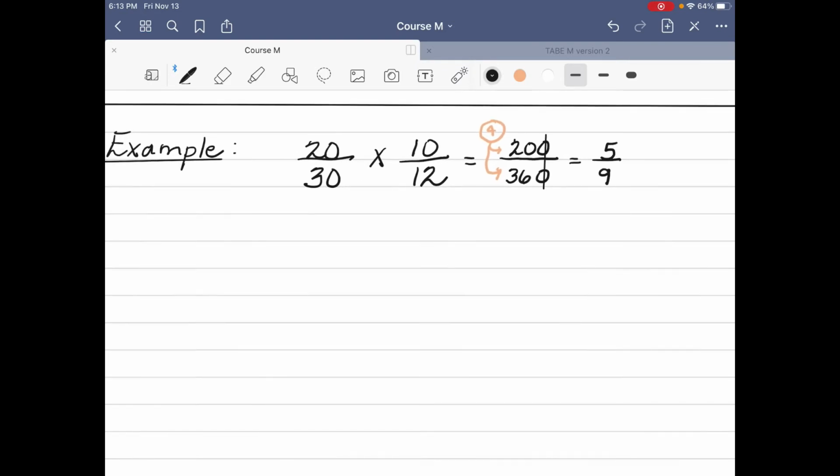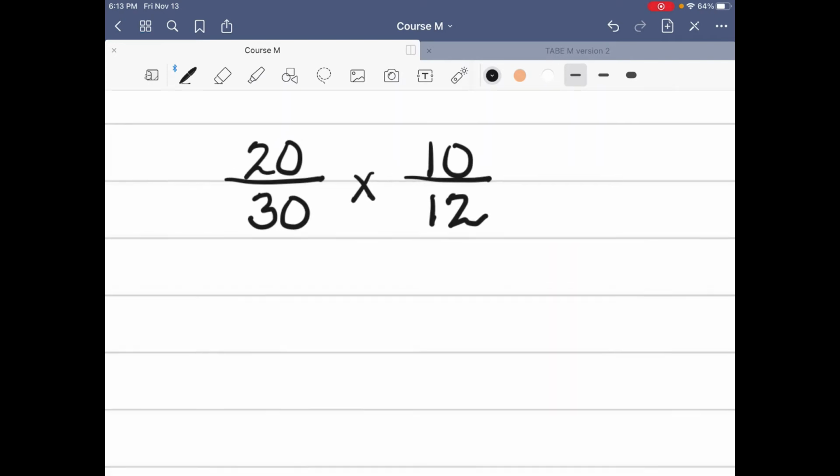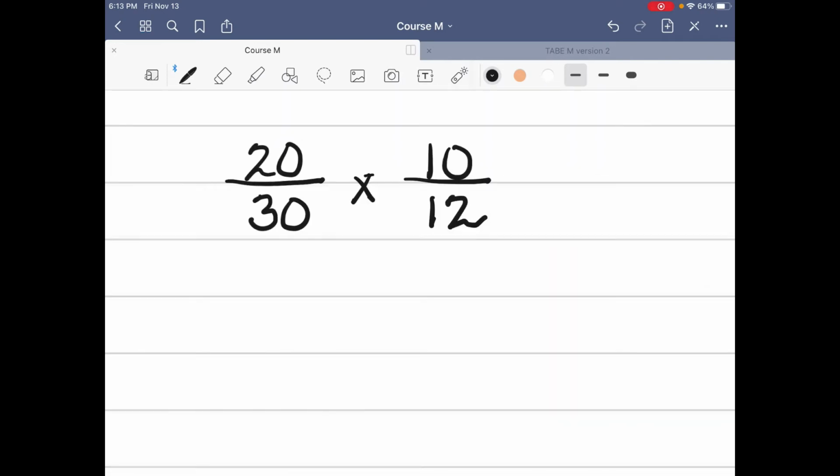Okay, let's try it with canceling and see if we get the same answer. So we have 20 over 30 times 10 over 12. And remember, canceling only works with multiplying, and it only works diagonally. So I have the 30 and the 10. 10 into 10 is 1. 10 into 30 is 3.